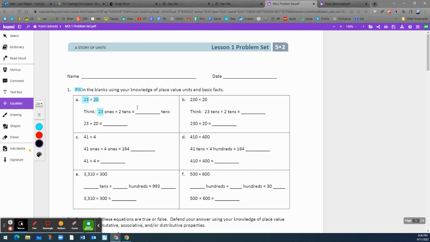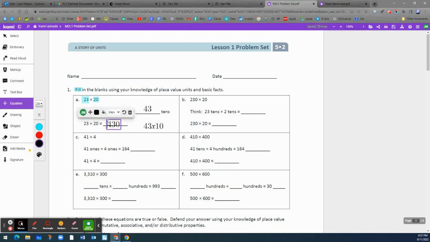I'm going to write that down with my math tool. 43 tens can also be written as 43 times 10. And that will make it 430. Then we write the answer here, 430.